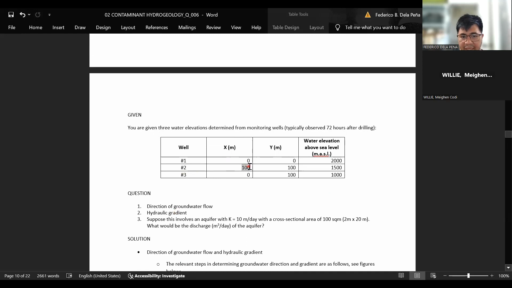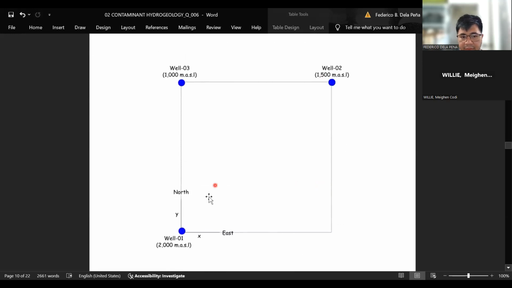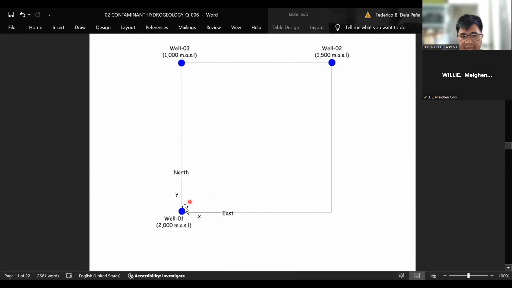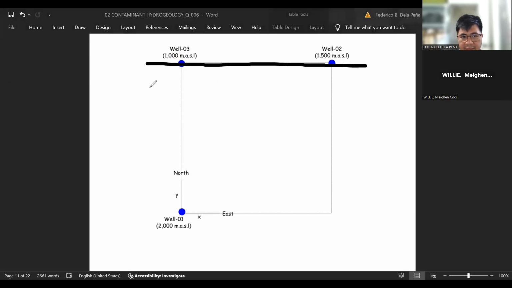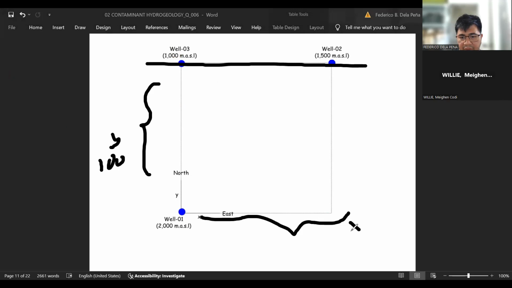Well number 2 has an X value of 100 and a Y value of 100. Basically, Y equal to 100 is this one. X equal to 100 is this one. So therefore, you will be plotting well 2 about in this area. This is well 2.